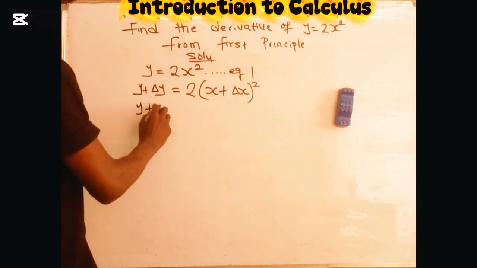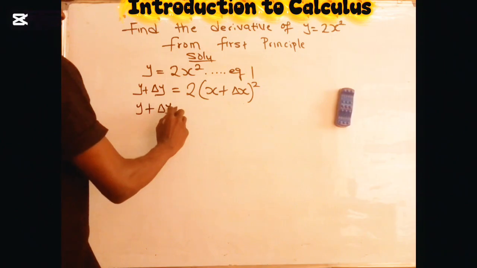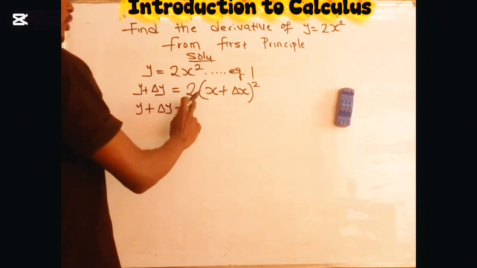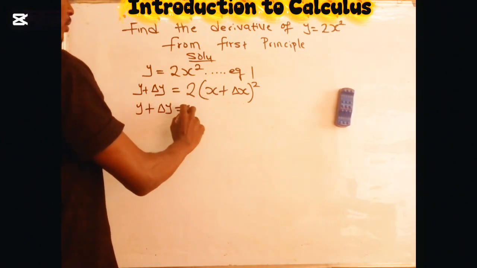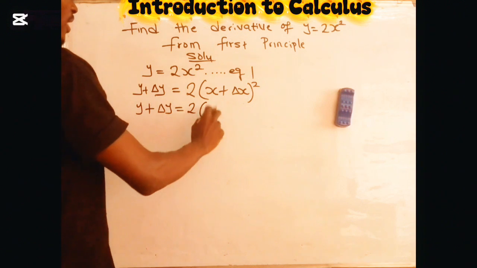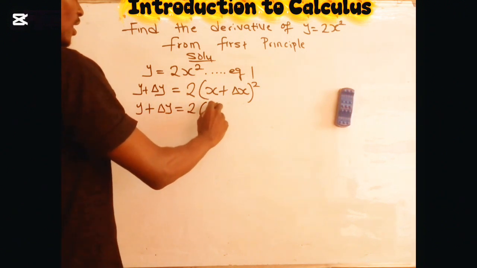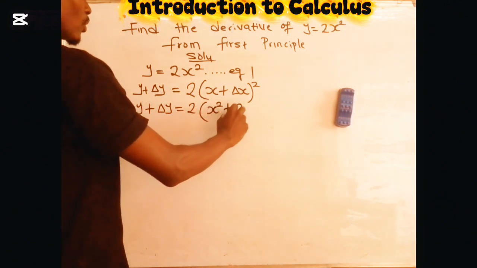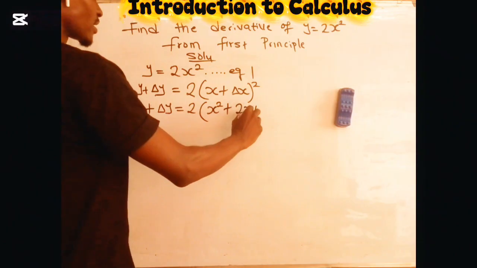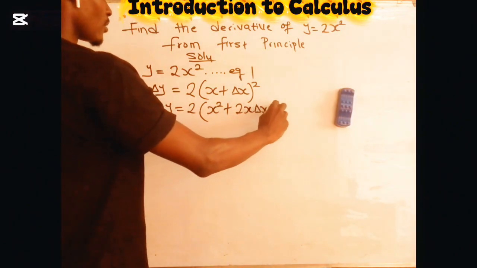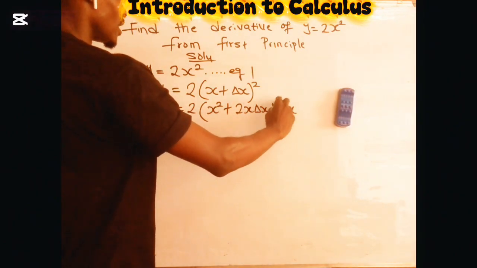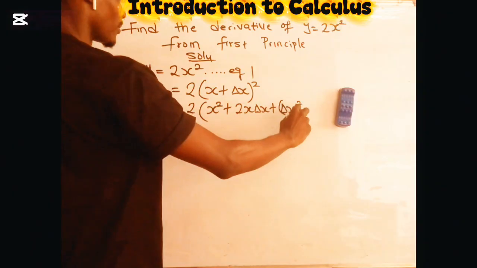Y plus changing y to be equals to 2 open bracket x squared plus 2x changing x plus dx squared.